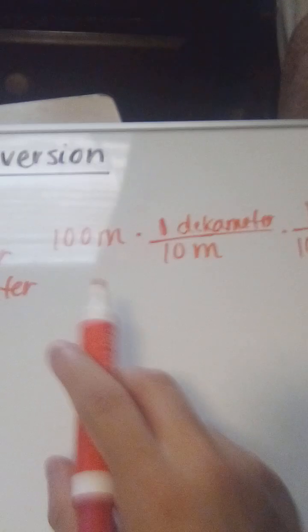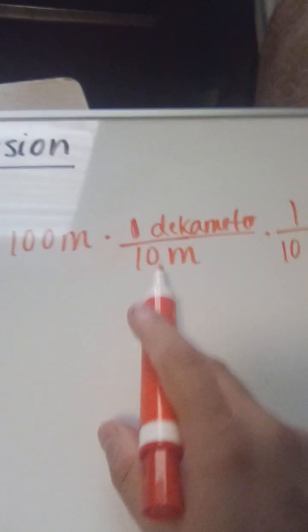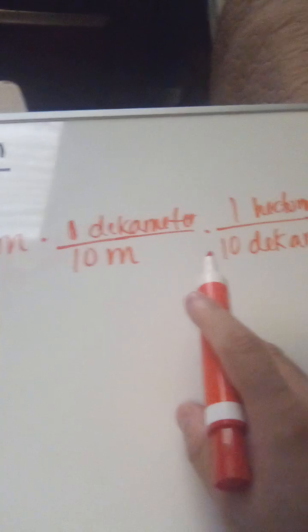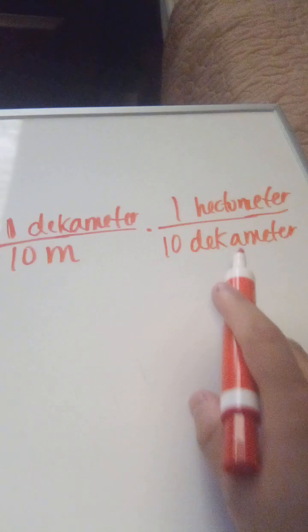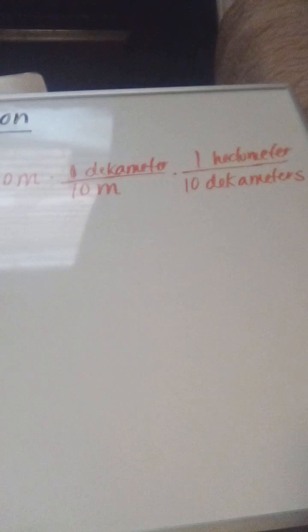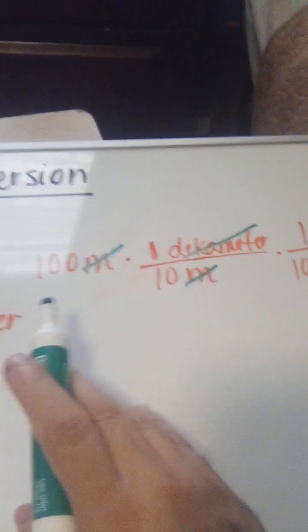All right. Here we go. We have 100 meters times 1 decameter over 10 meters, times 1 hectometer over 10 decameters. Are we done? Can you see the whole problem? Yes, we are done. Now we can cross out the units like any regular problem. So we cross out the meters, cross out the decameters. Now we're focusing on the hectometer.